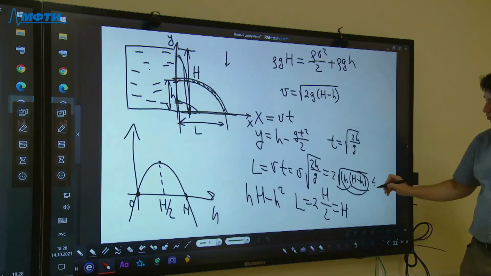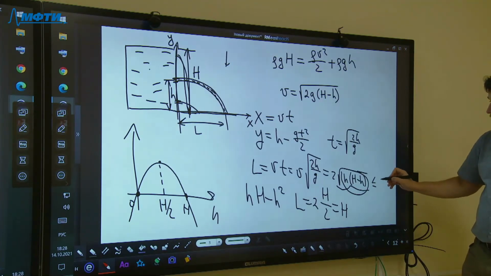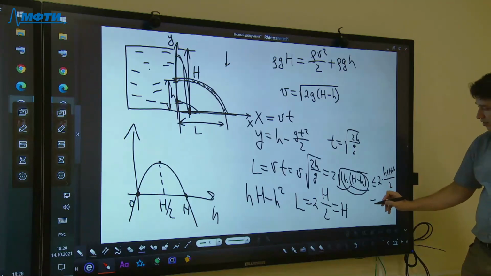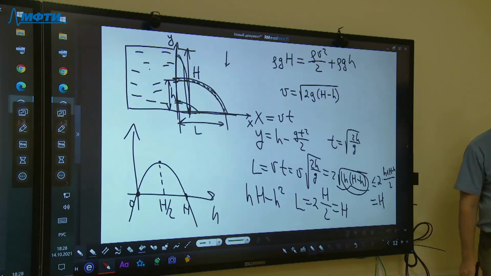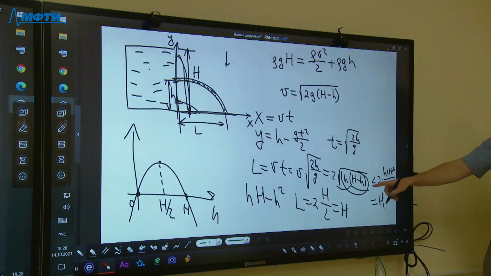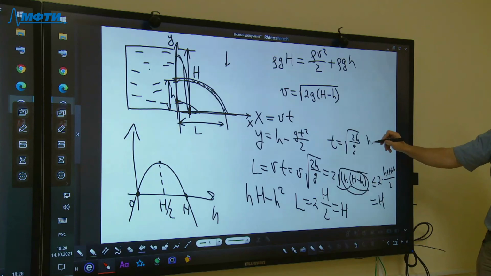So according to this inequality, that should be less or equal than 2 multiplied by h plus H minus h over 2, which is again H. And the condition for this to be an equality is that h equals capital H minus h, which gives you once again that small h should be equal to capital H over 2.